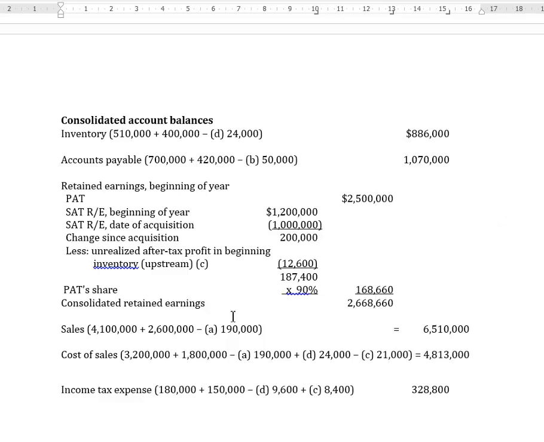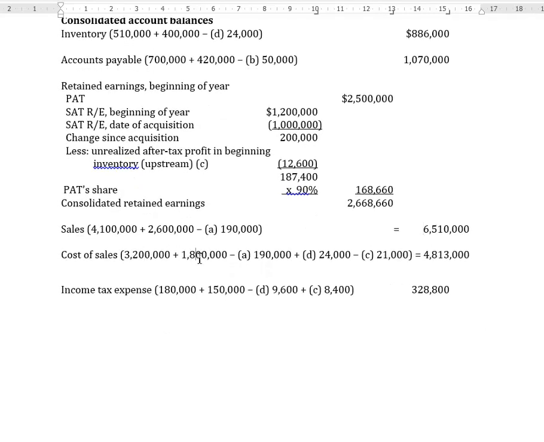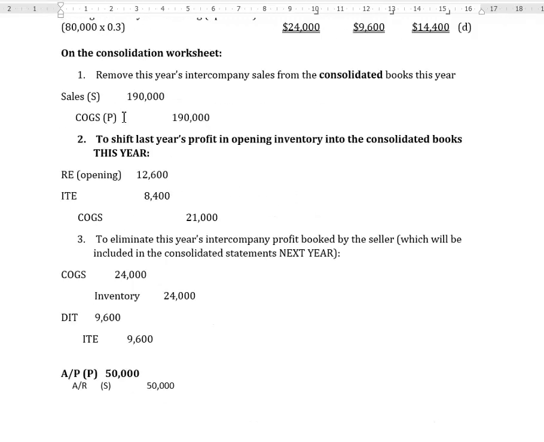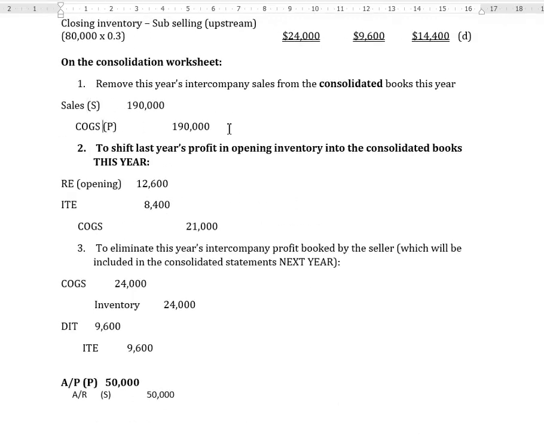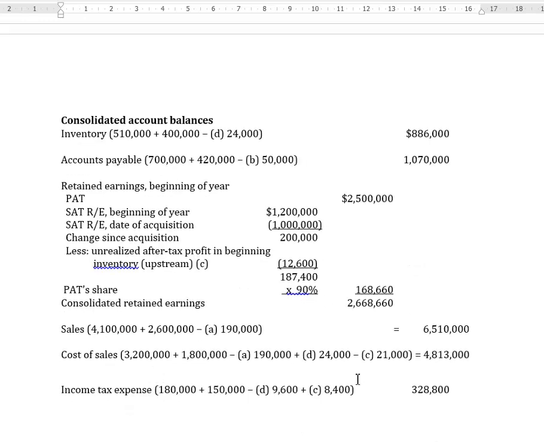Our sales, you'll remember, separate entity, parent's plus sub's, less the year 3 sales that were intercompany, and that gives us $6.51 million. Calculating cost of goods sold is a little trickier. You include the parent's and the sub's, but don't forget, when we eliminate the sale, we also have to eliminate the purchases, which are now in cost of goods sold. So to reduce that expense, we're going to decrease our cost of goods sold by $24,000.